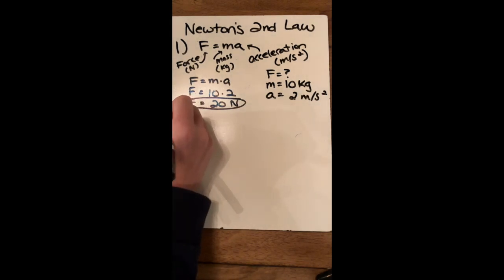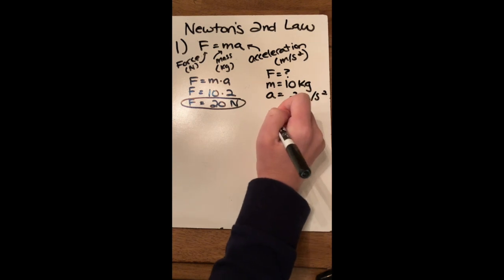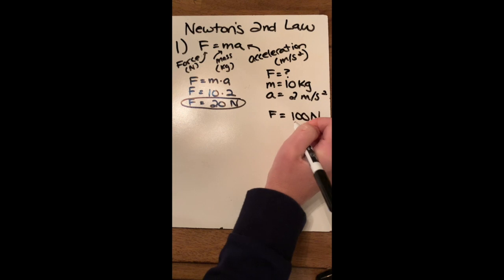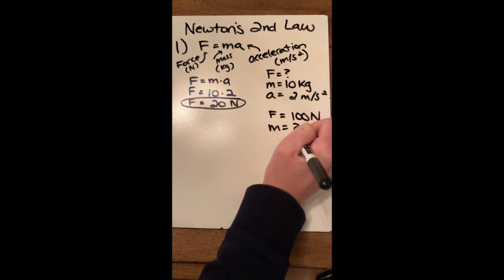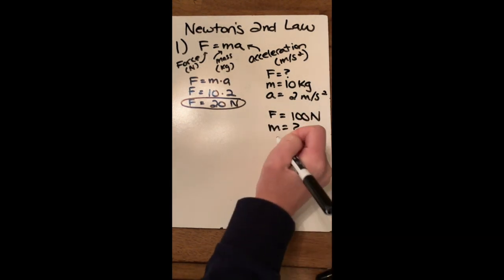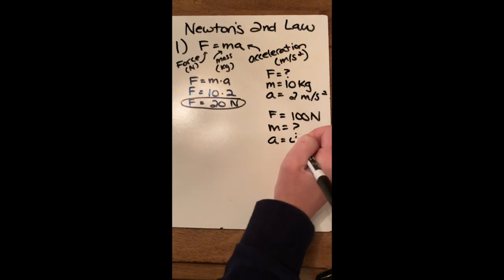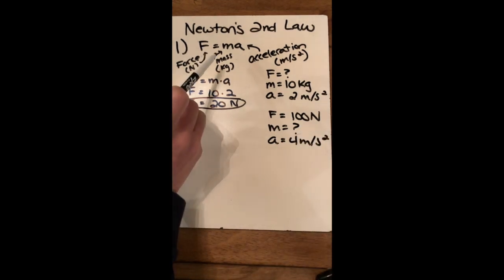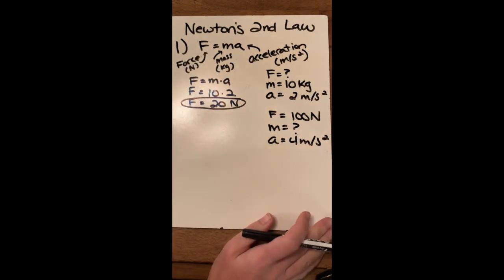Let's move on to another scenario. So let's say I have a scenario where I know the force, it's 100 newtons. I don't know the mass, but I do know the acceleration is 4 meters per second squared. In this case, it's not super easy to use the original formula.